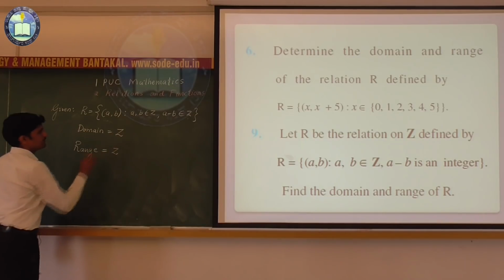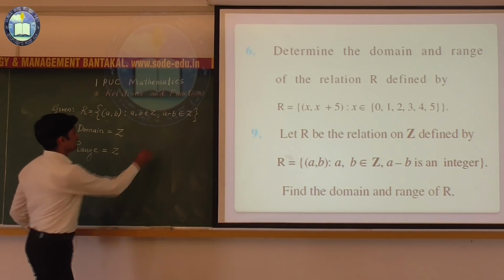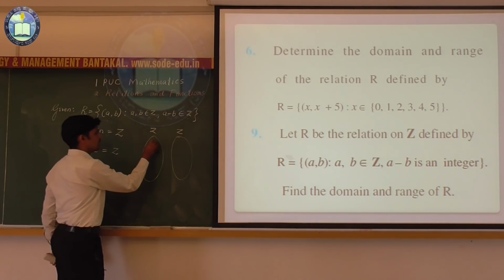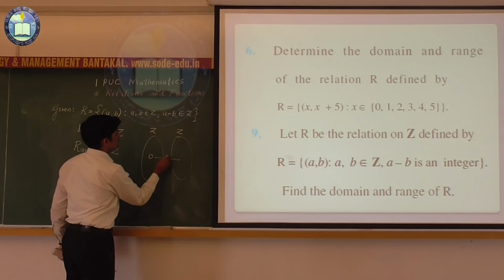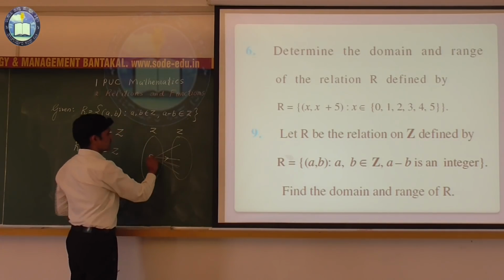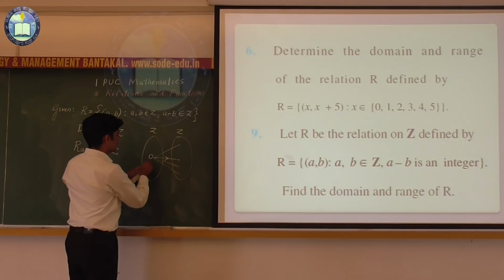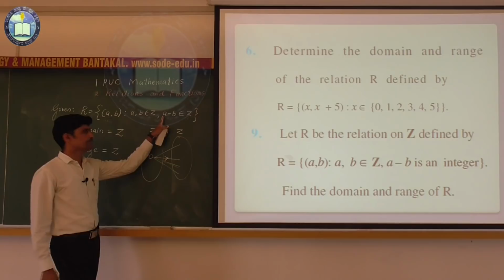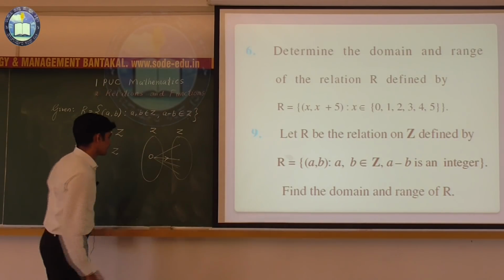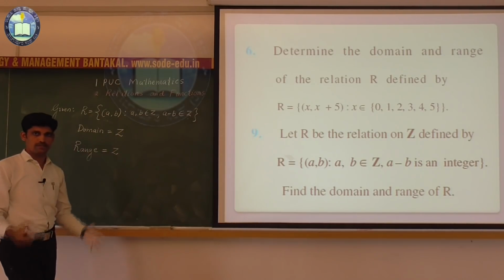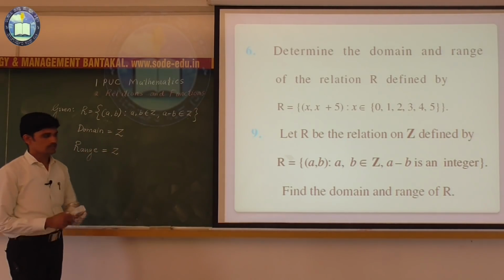Range is also the set of all integers, because whenever we give, say, 0, then its image is any integer here. 0 is related to all the elements, all integers, because 0 minus any integer is an integer, 1 minus any integer is an integer, 2 minus any integer is an integer. In general, integer minus integer is an integer. Therefore, all the integers in the codomain are images. Therefore, range is equal to Z.